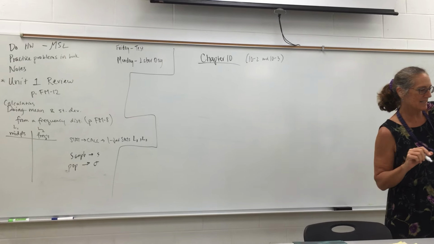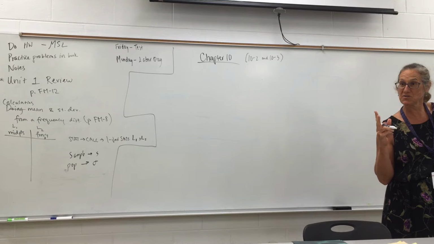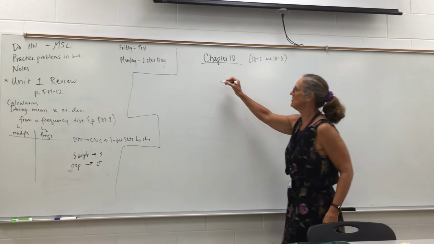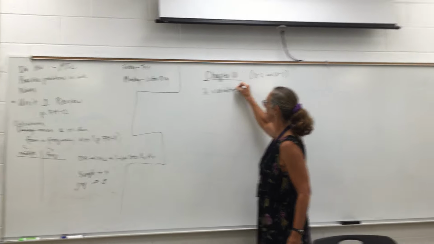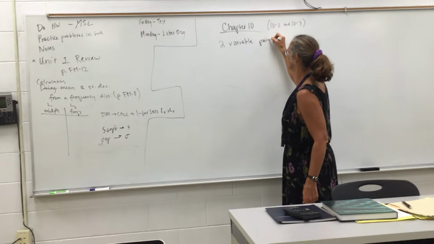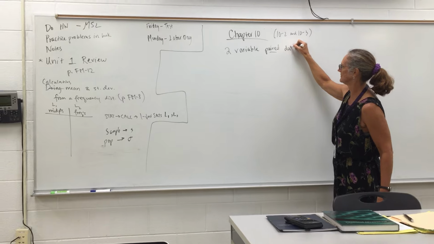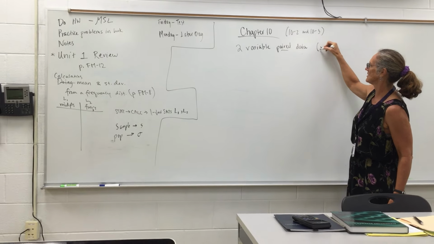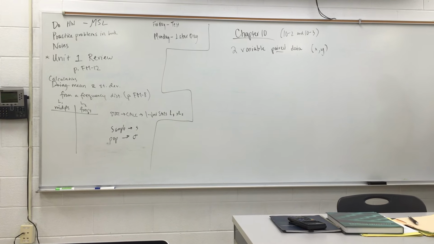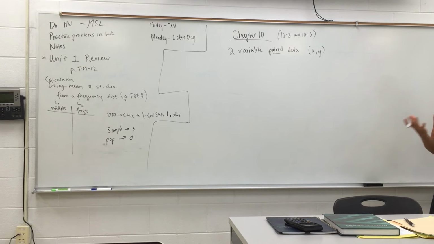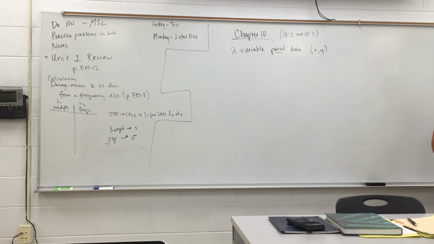And basically here what we're doing is we're looking at two variables that are paired. So we've got two variable paired data, X's and Y's. For example, shoe size versus height.